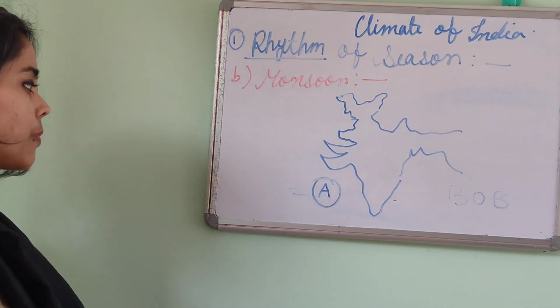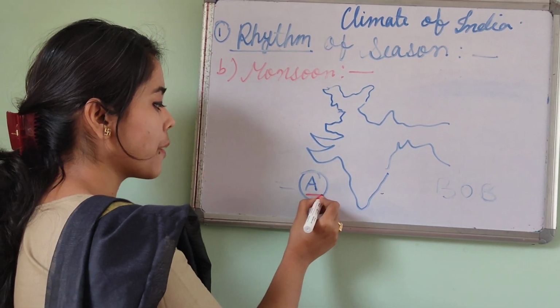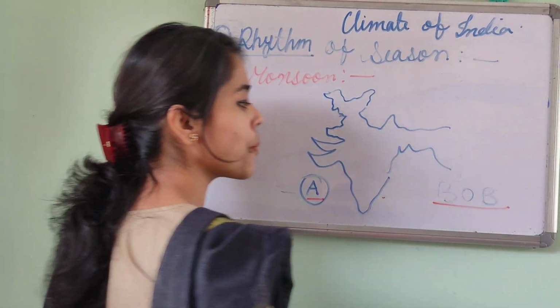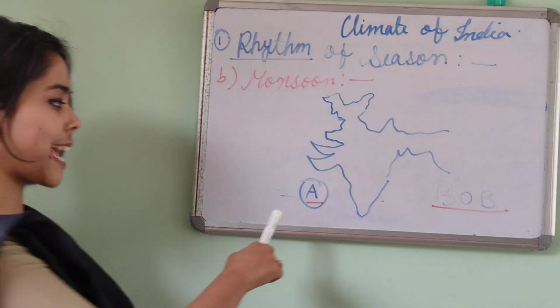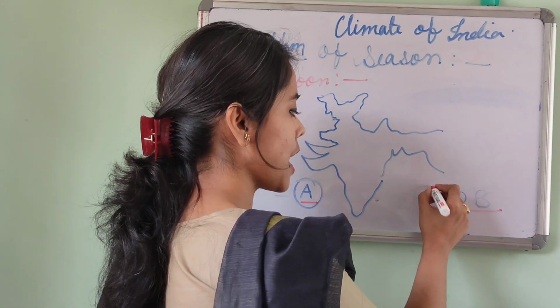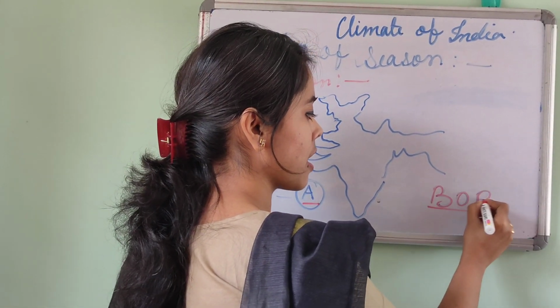Now in the monsoon, two types of branches are very important. One is the Arabian Sea branch, another is the Bay of Bengal branch.